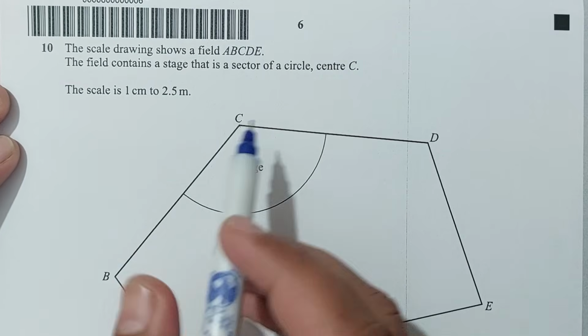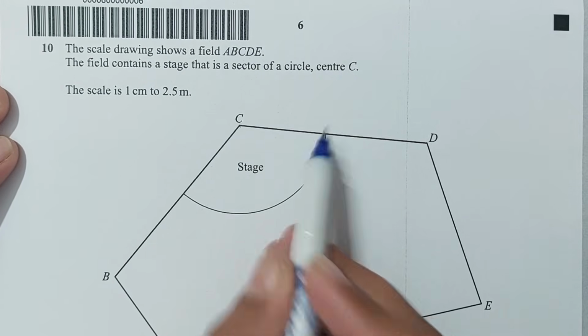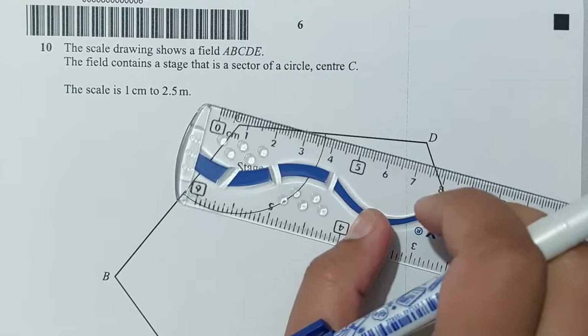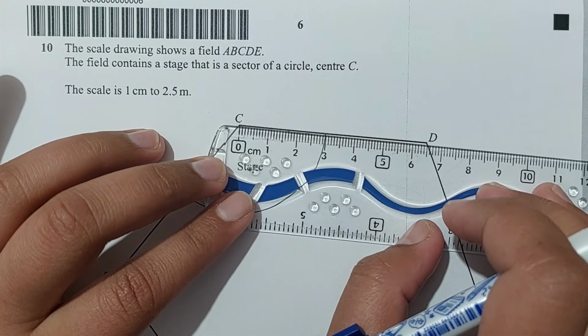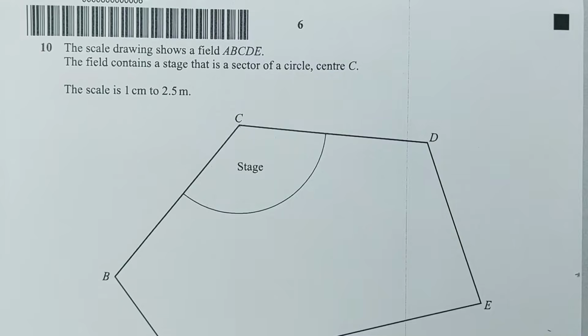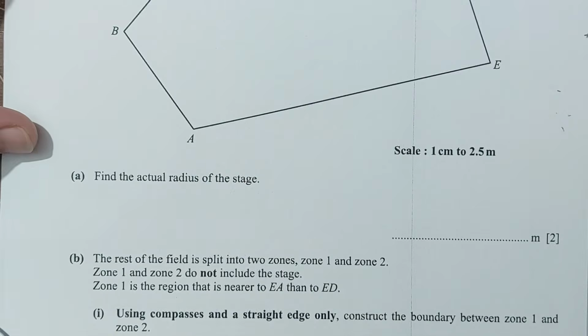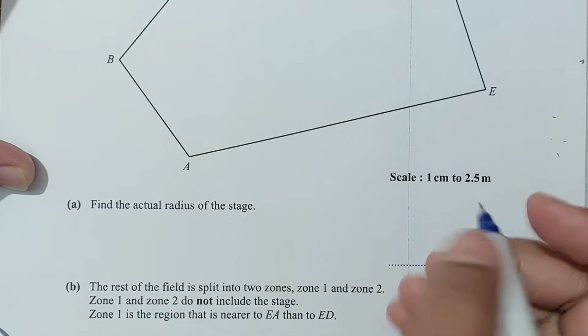The radius is the distance from the center to this point. Let me find out the actual distance of that radius. You can see this is 3 centimeters, but we have to find the answer in meters according to the scale.